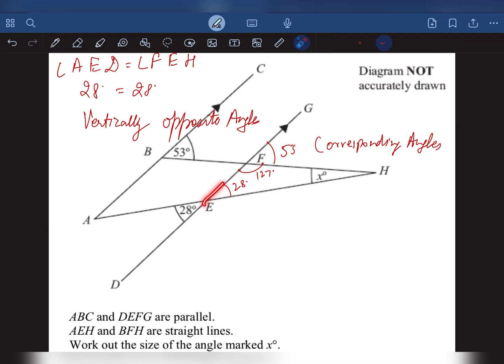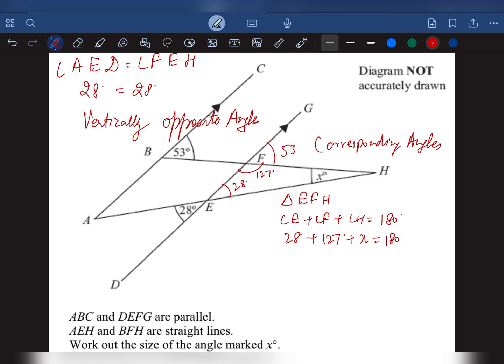Now in triangle EFH, we have two angles with us and we can find the third angle. In triangle EFH, angle E plus angle F plus angle H is equal to 180 degrees. Let's put in the values. This is 28 degrees, this is 127 degrees, and this is X, which is equal to 180.